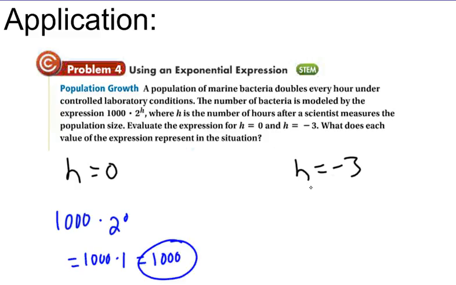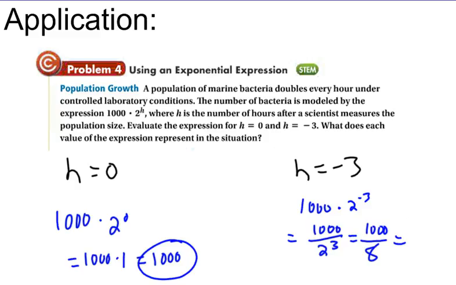Now, if h is negative 3, we have 1,000 times 2 to the negative third power, which would be equal to 1,000 over 2 to the positive third power, which is equal to 1,000 divided by 8, which is approximately, I believe it's 125.